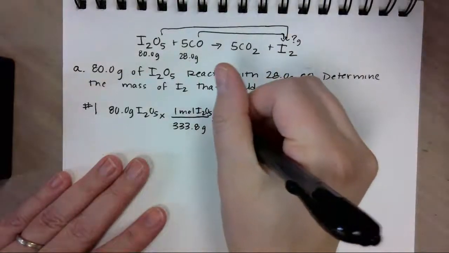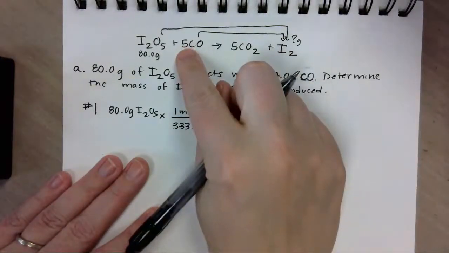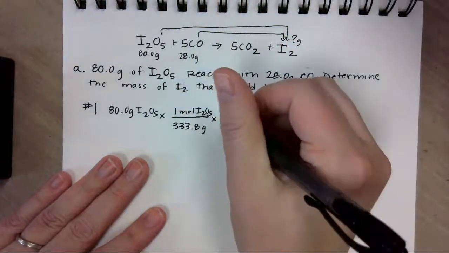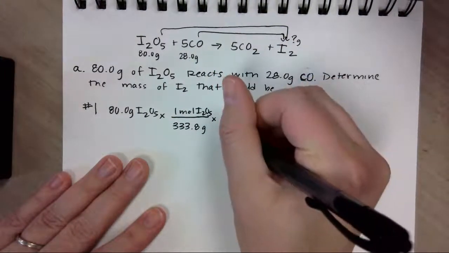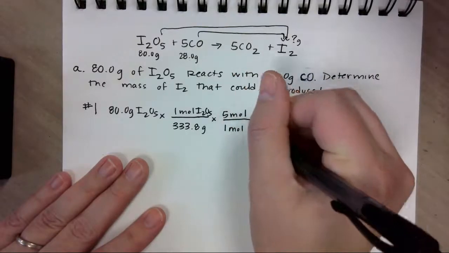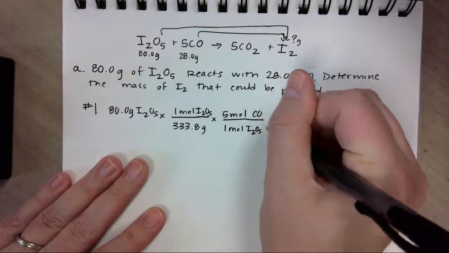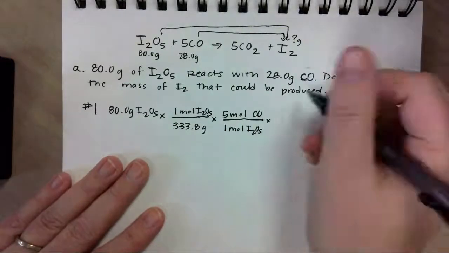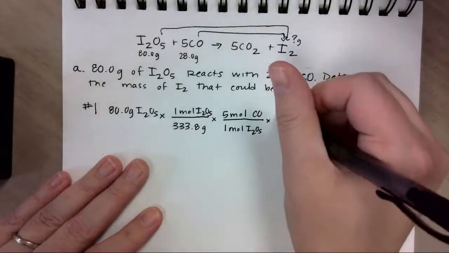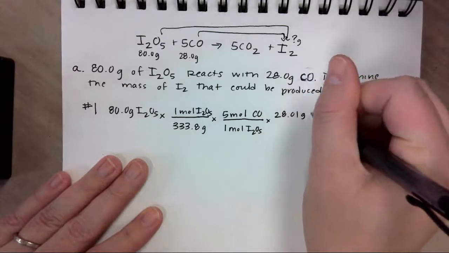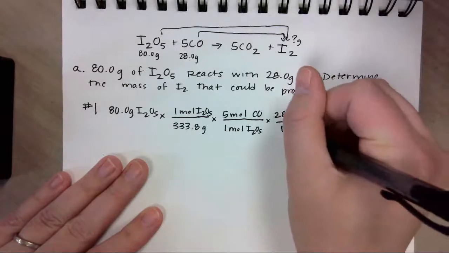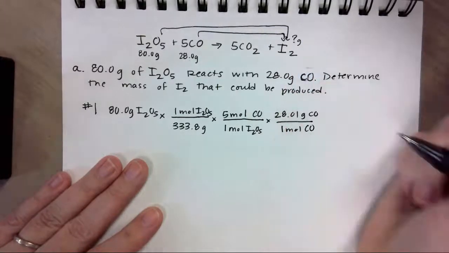Then I'm going to convert it to moles of CO using my mole ratio. So for 5 moles of CO, I'm going to have 1 mole of I2O5 that need to react. And then I'll solve for my mass of carbon monoxide, and that is 28.01 grams of carbon monoxide for 1 mole of that carbon monoxide.